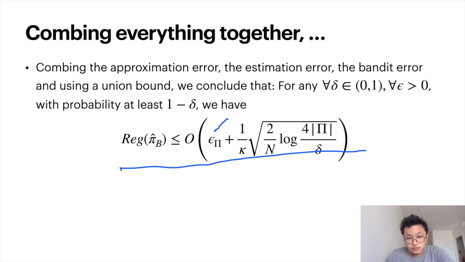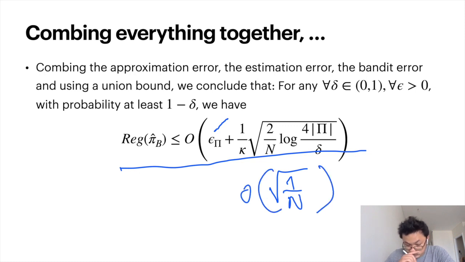Here the convergence rate is over the square root of n. Then we have a factor 1 over kappa, which stands for the uniform coverage assumption in the data. This term appears because of the offline bandit problem setting.